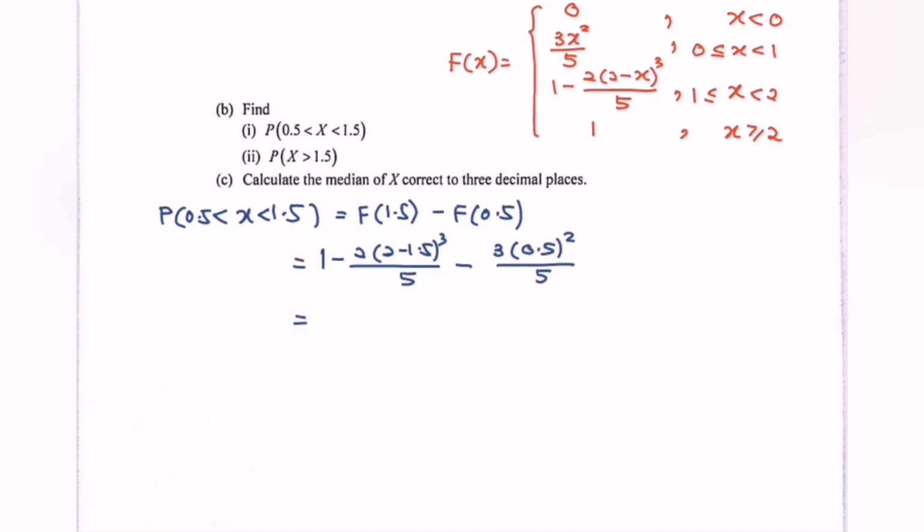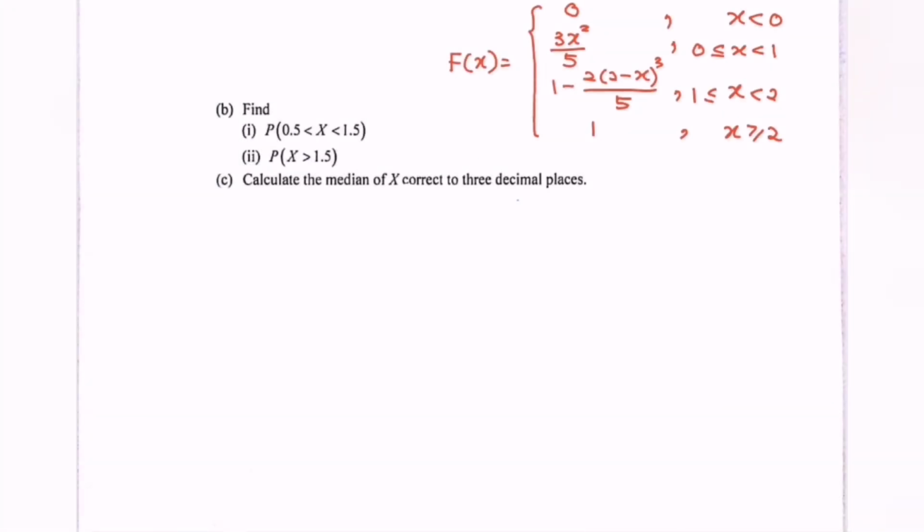Referring to the calculator, we have 19 over 20 minus 3 over 20. Finally, we have 16 over 20, or 4 over 5, or 0.8. That is the probability for x greater than 0.5 and less than 1.5.